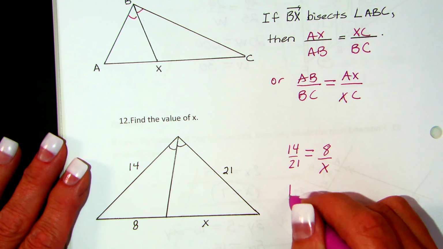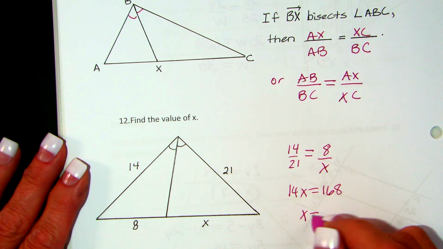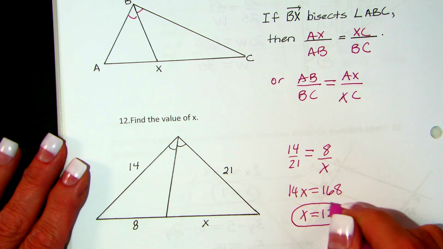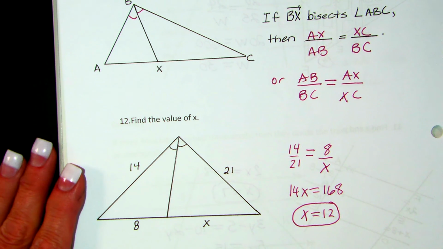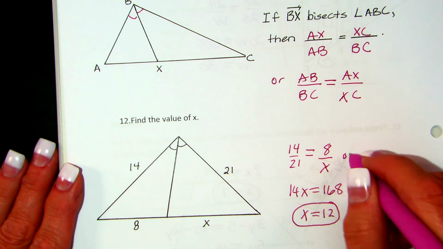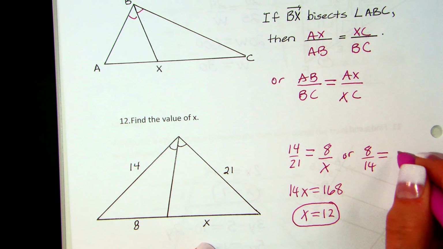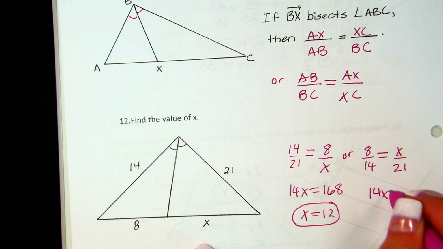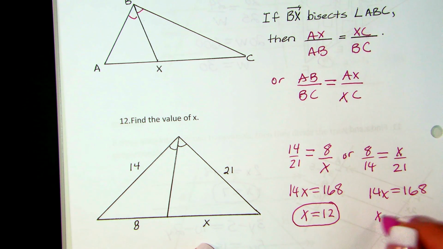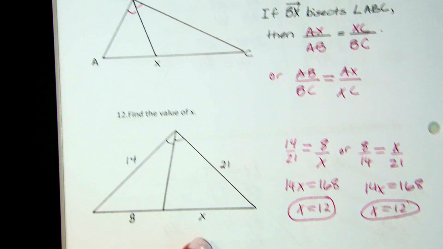But you get 14X equals 168, divided by 14, and X is equal to 12. So the other way could have been 8 is to 14 as X is to 21. So you see you still have 14X equals 168, so X is still equal to 12. So you do have those options.